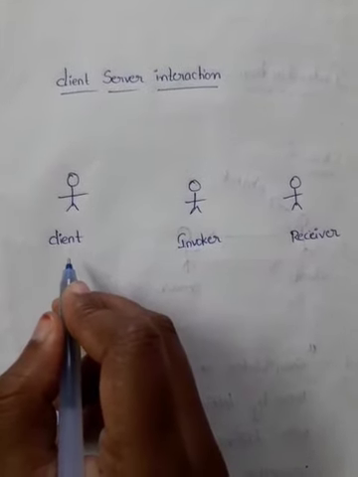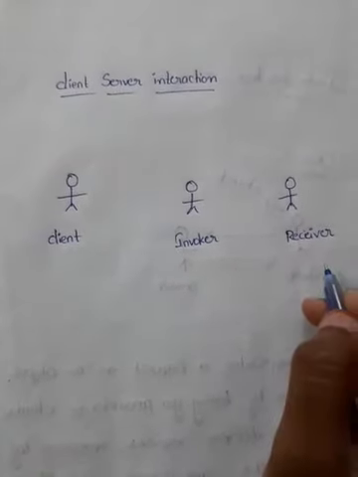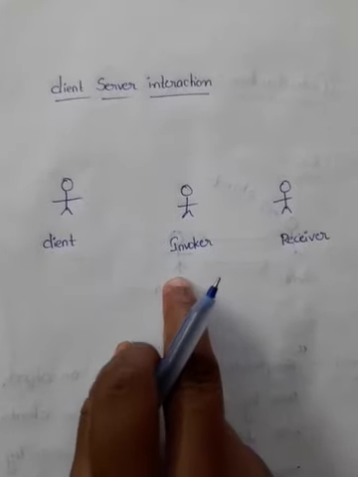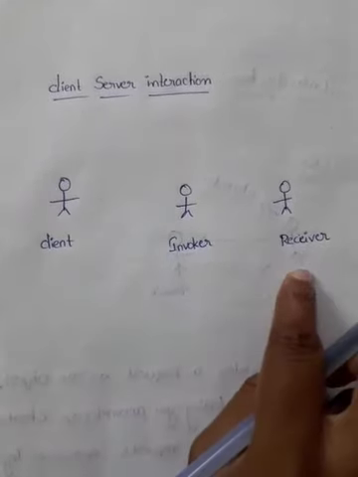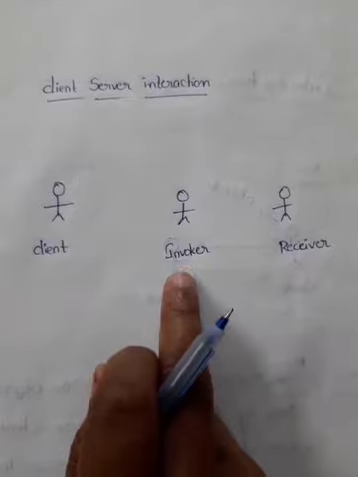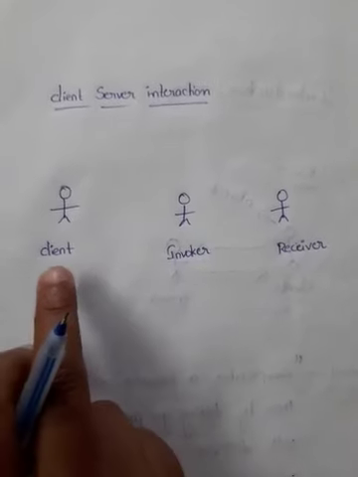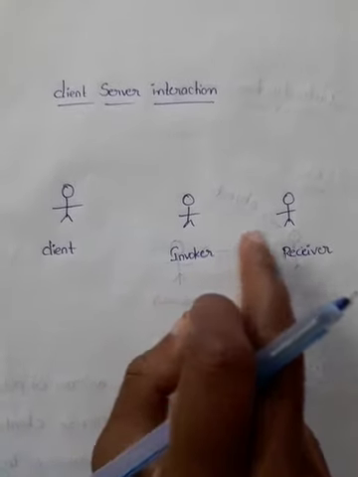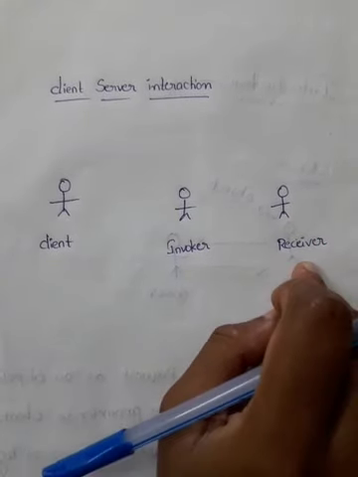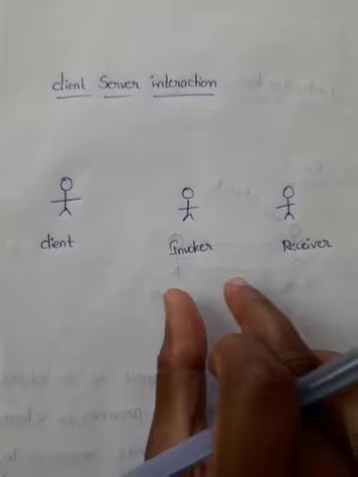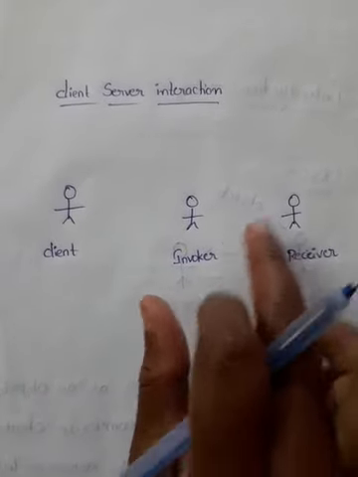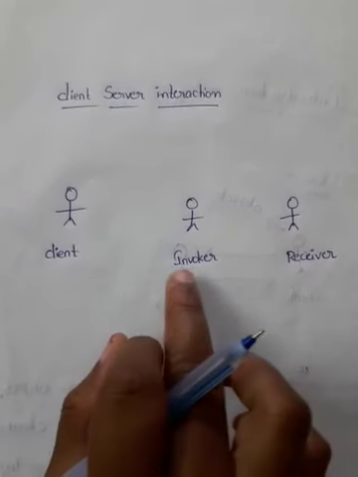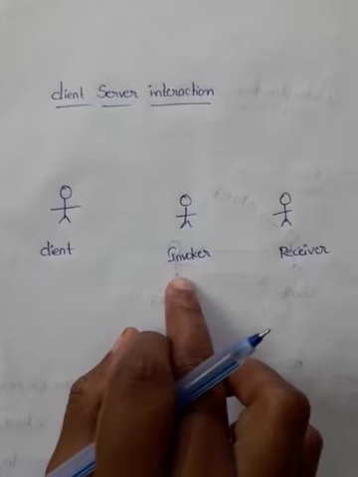The client sends a request to the receiver. An invoker acts between client and server. The invoker takes the request from the client and forwards it to the receiver, the one who will handle that particular request. This is the task done by the invoker.